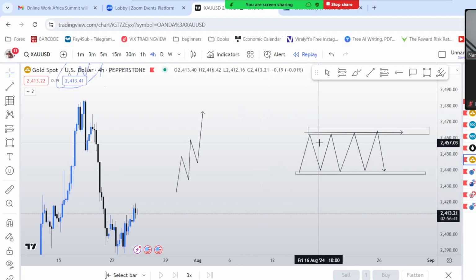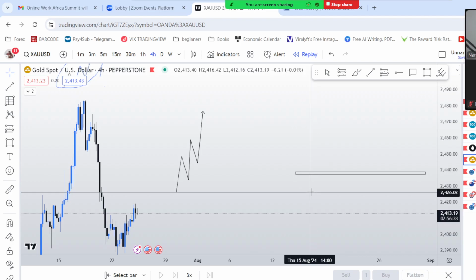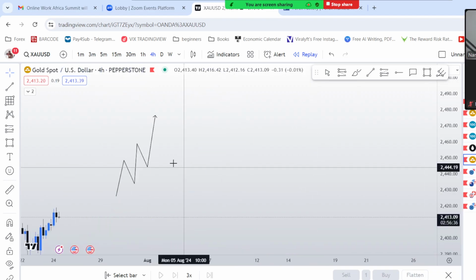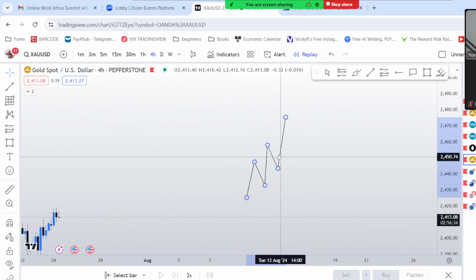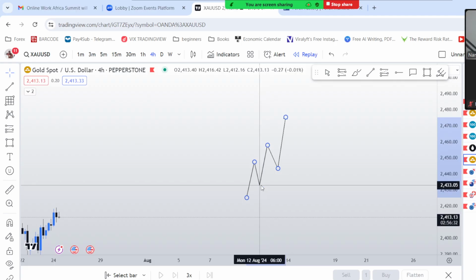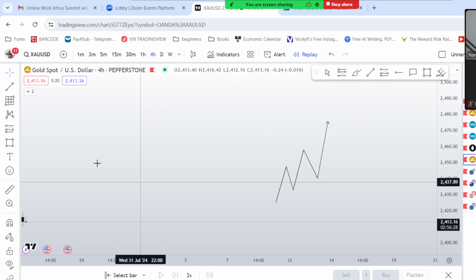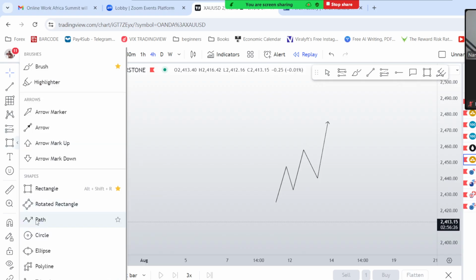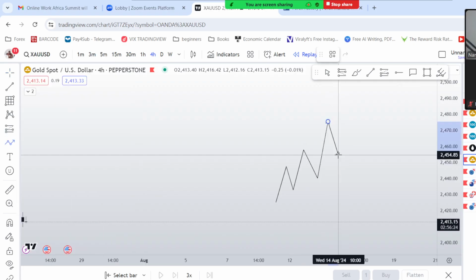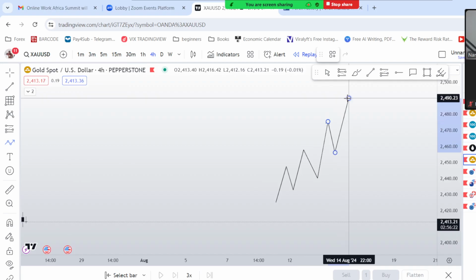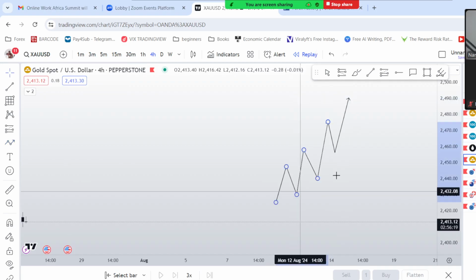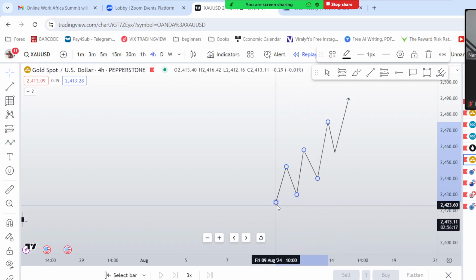So for example, we can have a clear uptrend like this, creating a bullish market movement. Price moves in a series of higher highs and higher lows. So we have the inception of the trend over here.